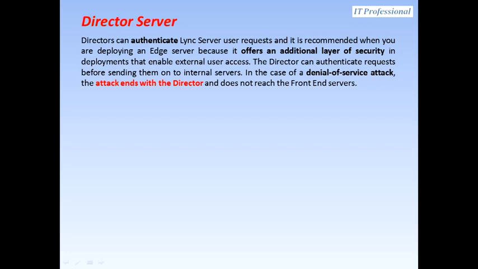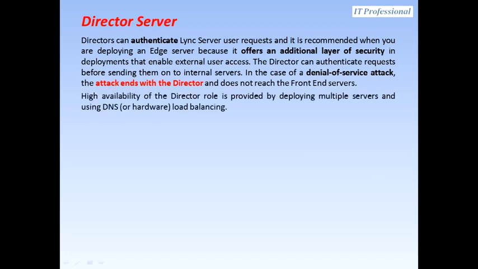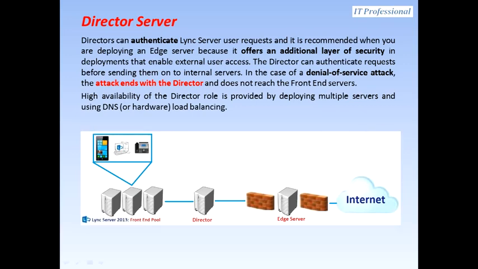Again, now we are talking about the director server. Directors can authenticate user requests, and it is recommended when you are deploying an Edge server because it offers an additional layer of security. In deployments that enable external user access, the director can authenticate requests before sending them on to internal servers.